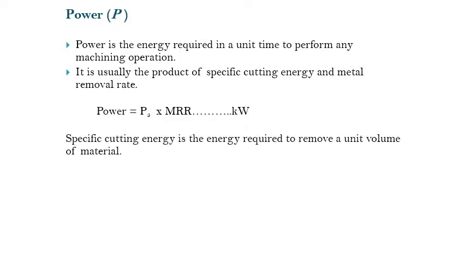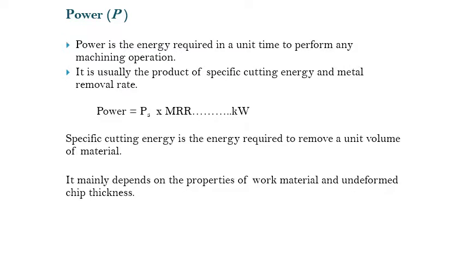The specific cutting energy is the energy required to remove a unit volume of material. It mainly depends on the properties of the work material and the undeformed chip thickness.